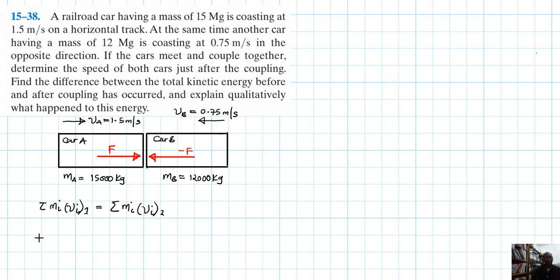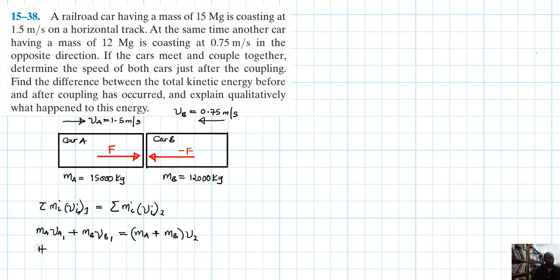So let's sum this up. We have MA VA1 plus MB VB1, equal to MA plus MB, times V2.